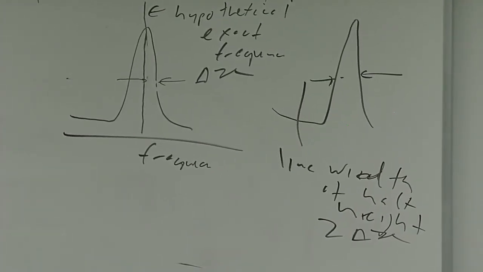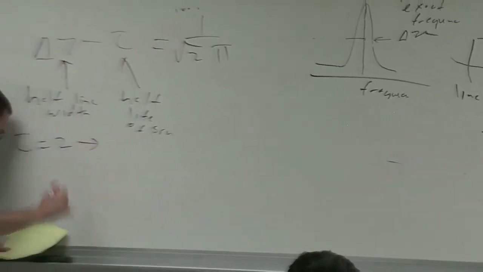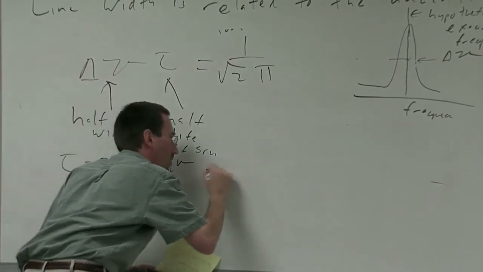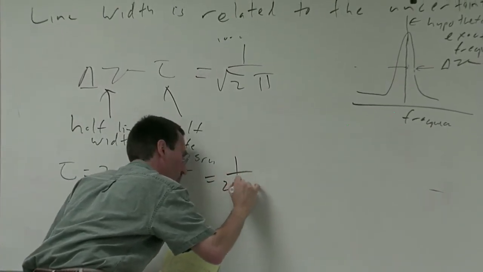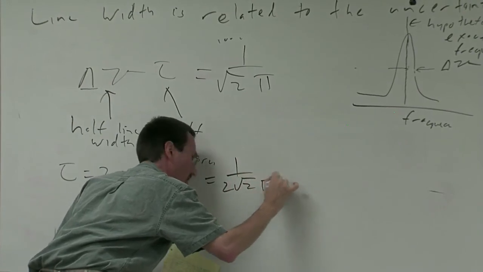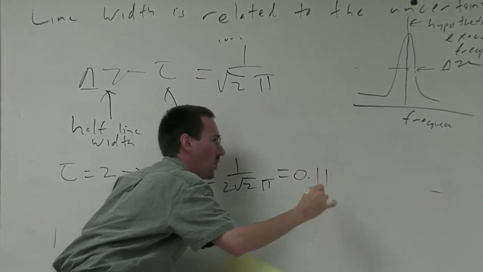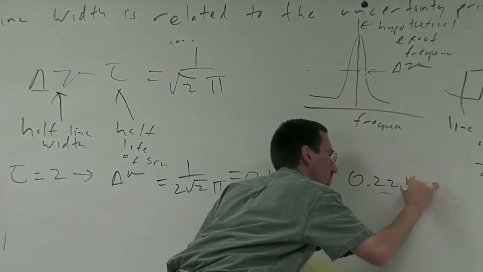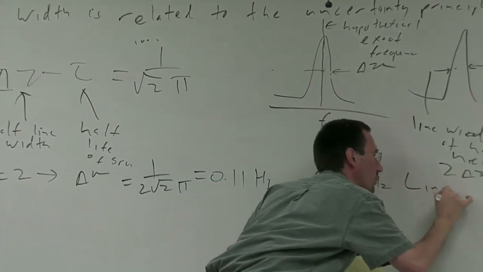If we have a tau equals 2 seconds, that leads to delta nu is equal to 1 over root 2 pi is equal to 0.11 hertz. That's 0.22 hertz line width.